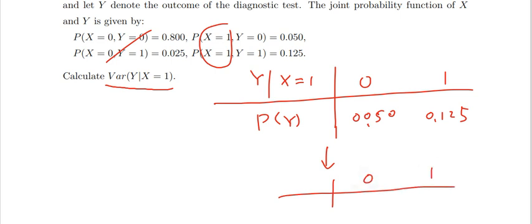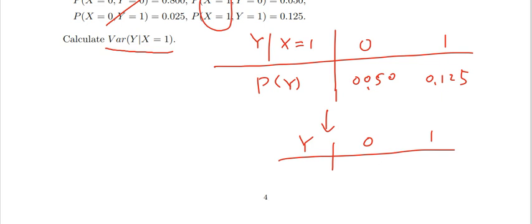Maybe we can also change this to a new variable like Z, or we still keep the name. It doesn't matter, as long as we do not get confused.